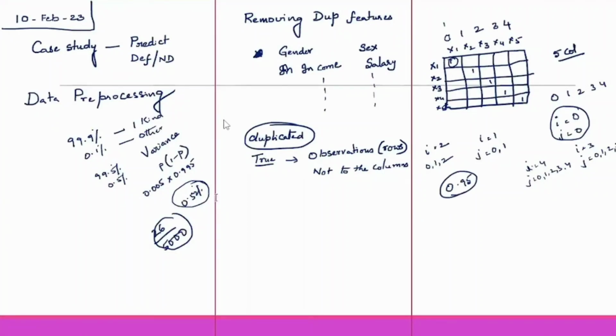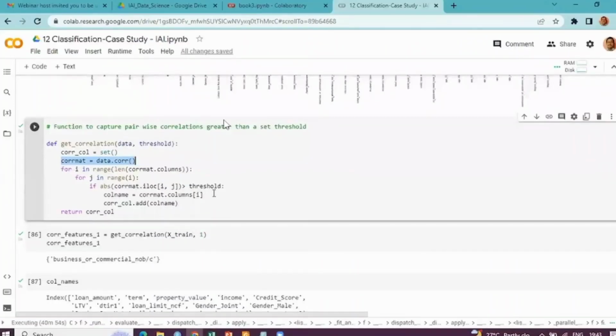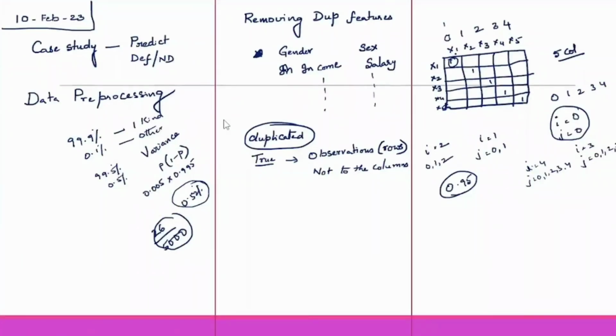If this value is greater than the threshold, it means this column has a higher correlation. So in the correlation matrix, whatever is the column number is typically the X1.